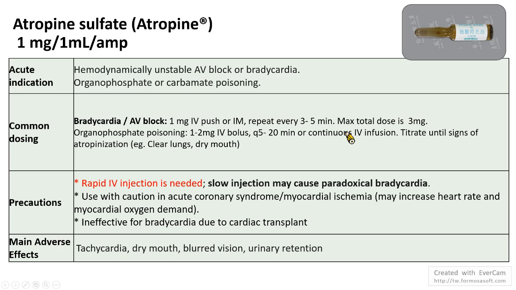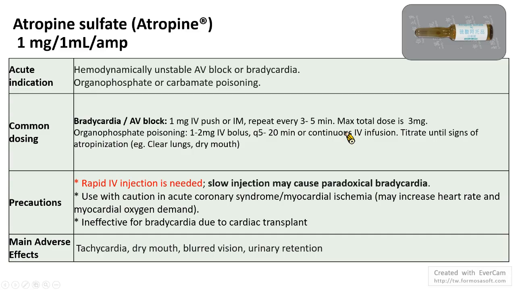Okay, the next one is atropine. Atropine has acute indications in hemodynamically unstable AV block or bradycardia, or in poisoning as the antidote to organophosphate or carbamate poisoning. Here, just to focus on bradycardia and AV block, the dose is quite easy to remember.